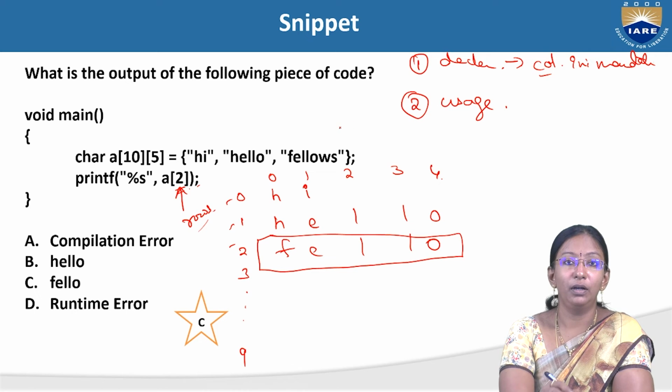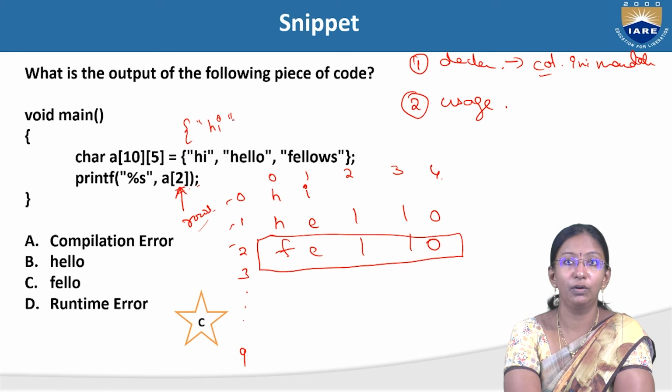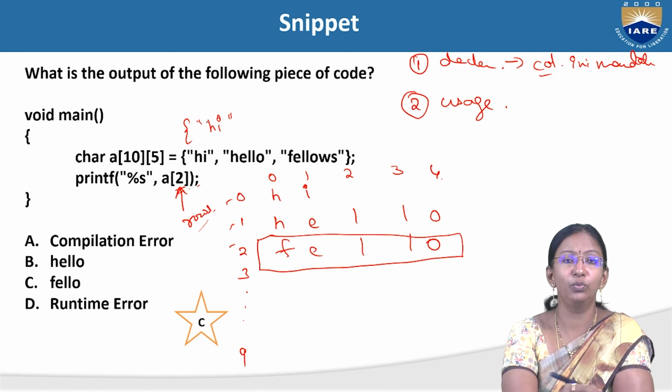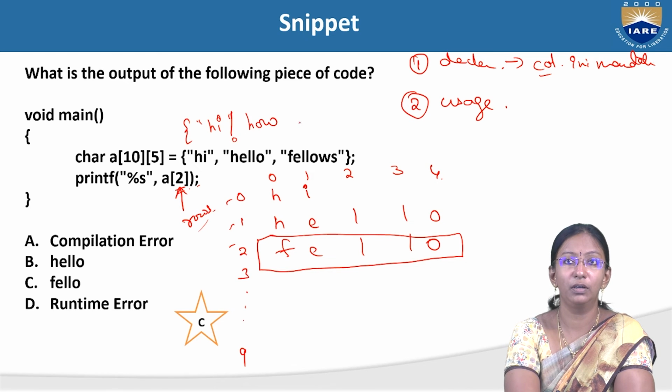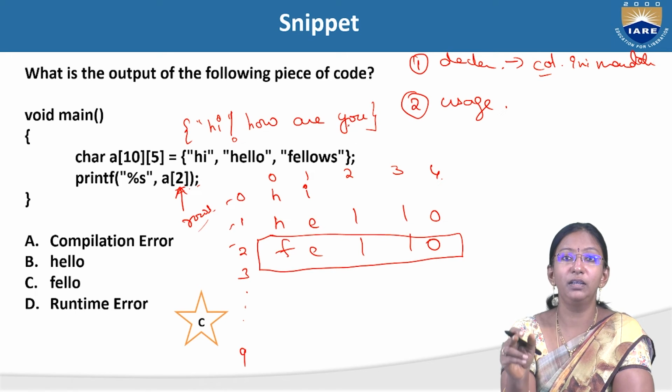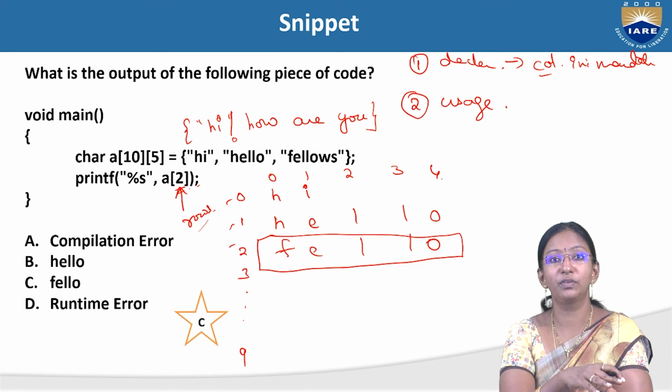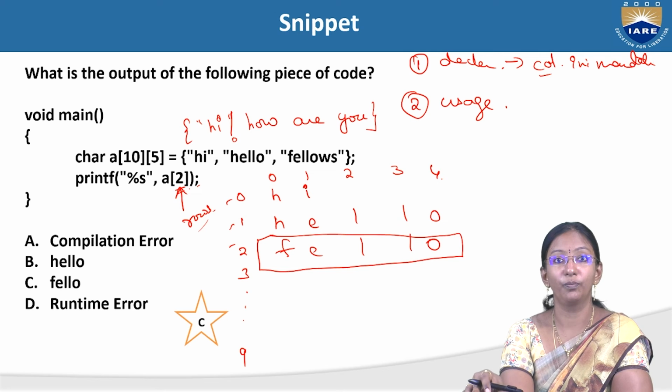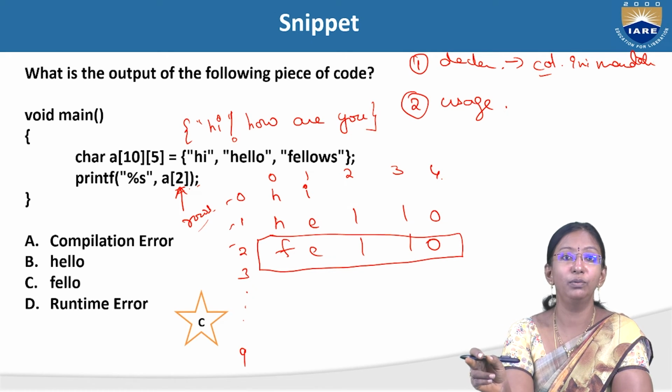Because if you declare an array something like this, like "Hi, how are you?", to store this, it relies on the column value to decide from where it has to start the next row, right? So while declaring and initializing, we need the column value very badly.